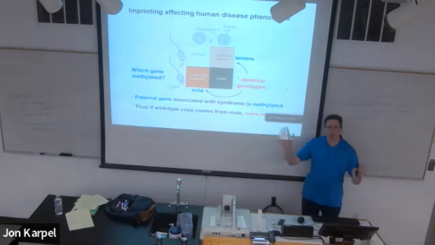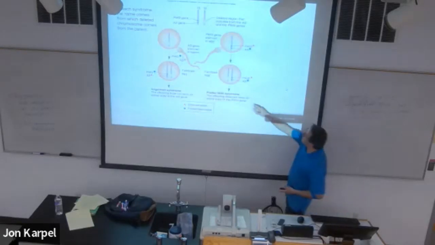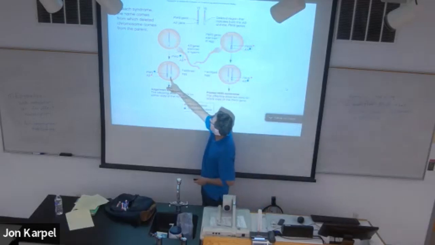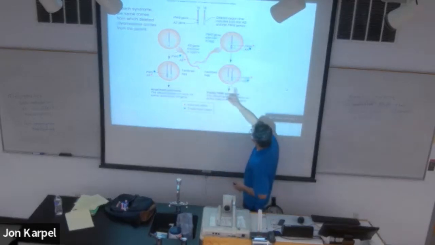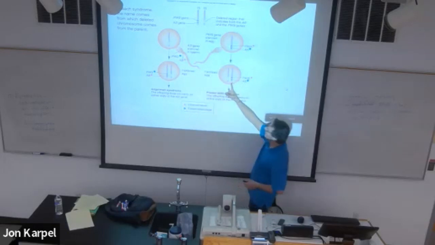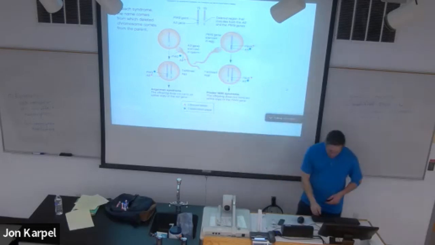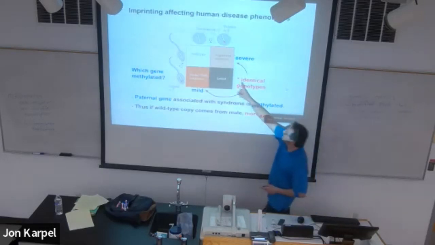It was only afterwards that they found out it was associated with the same mutation on the same chromosome, except it depended on whether you inherited the working chromosome from your mom or from your dad. And that then dictated which syndrome you got.